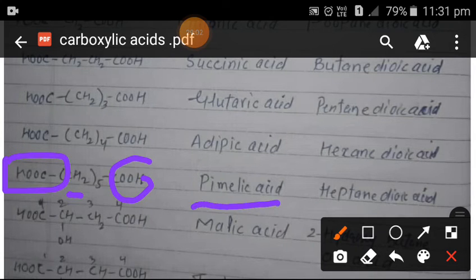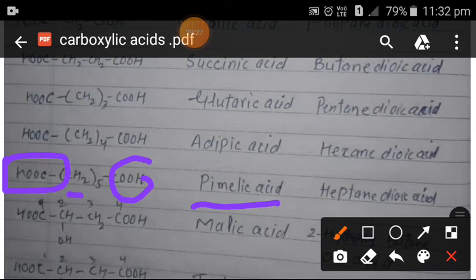Clear? Pimelic acid. So how can you remember? They are very easy to follow, and you can use this trick by remembering their common names, because the commonly used names are the common names. So you must remember their common names.